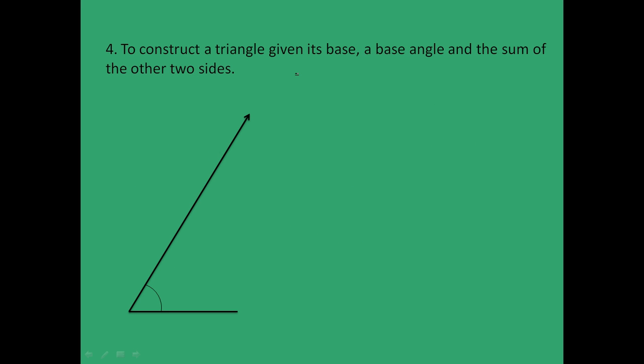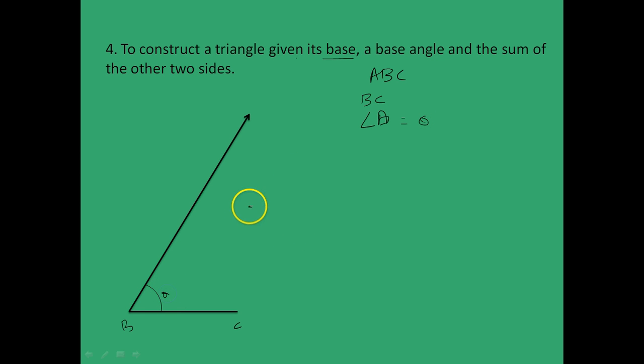Right? And now let's look at how to construct a triangle given its base, a base angle, and the sum of the other two sides. So let's call this triangle ABC, and say the base is BC, so let's draw the base, that is BC, and then say we are given the base angle, let's call it angle B, equal to theta, whatever that may be.